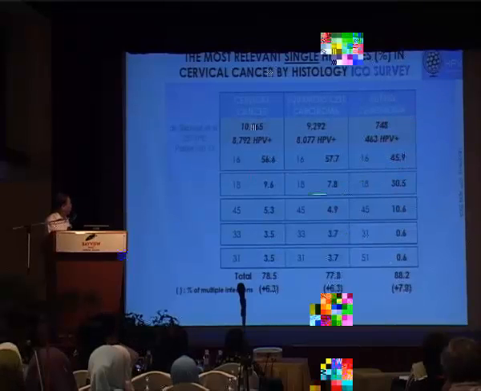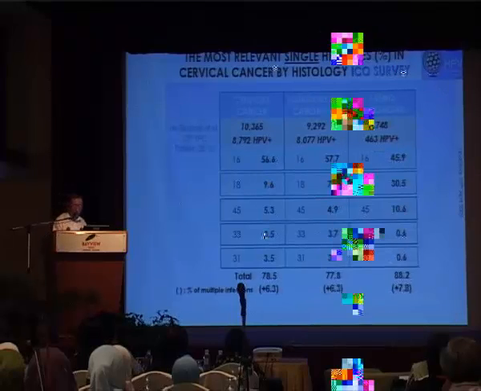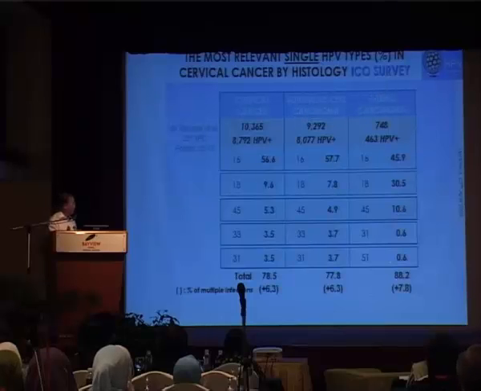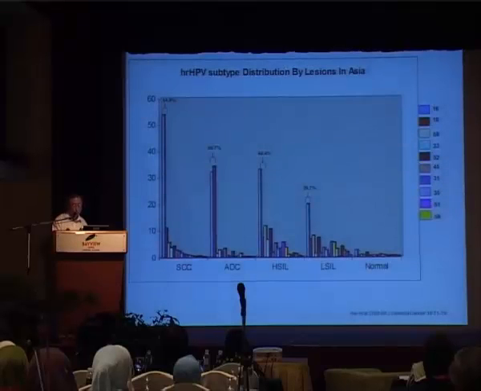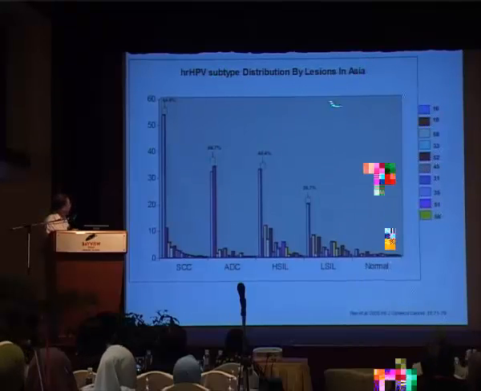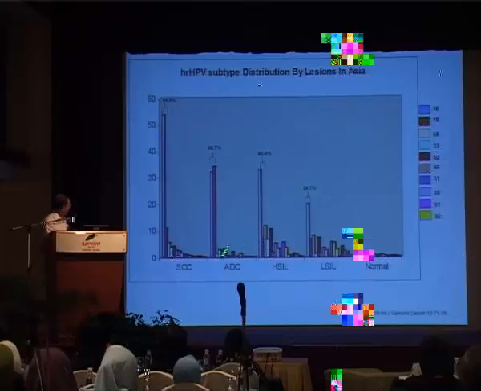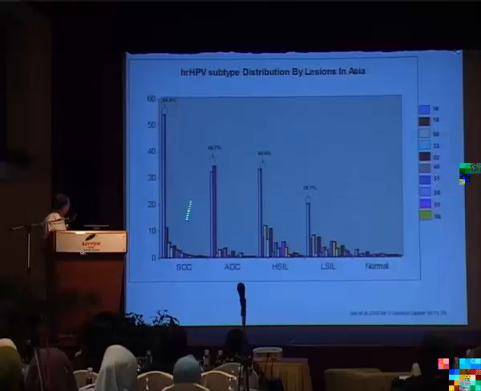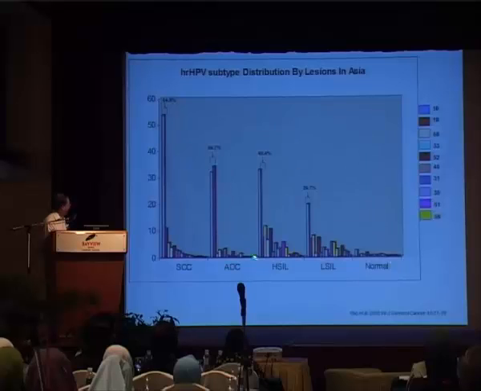But if you look at them, they are the most important. If you think that the worldwide prevalence of HPV may not apply to this part of the world, you may be misled. Because if you look at Asia, this is the HPV subtype distribution, looking at squamous cell carcinoma, adenocarcinoma, high-grade CIN 2 and 3, and low-grade lesions.